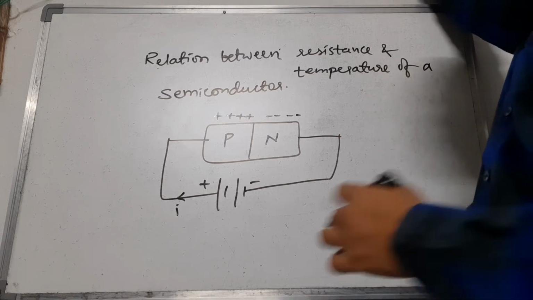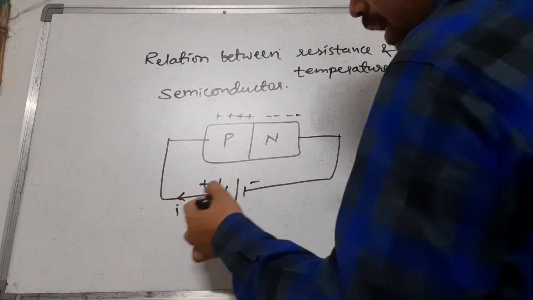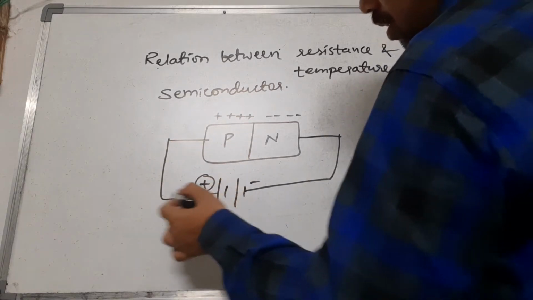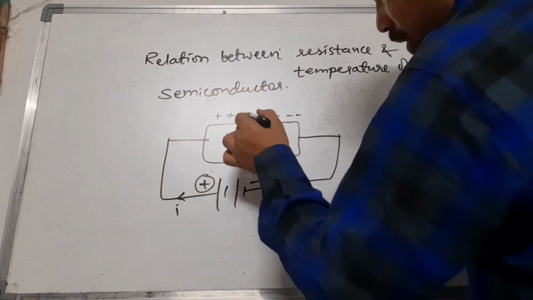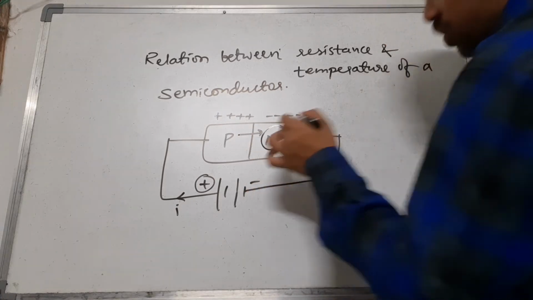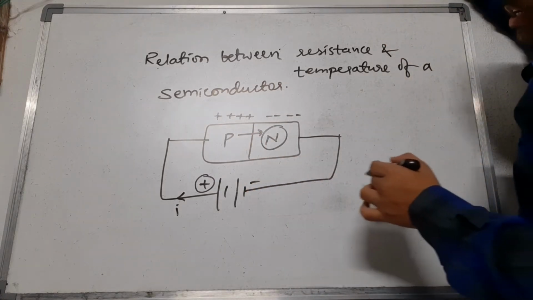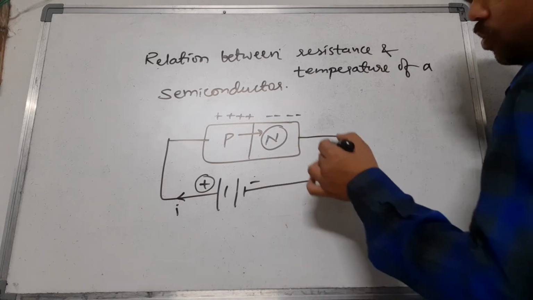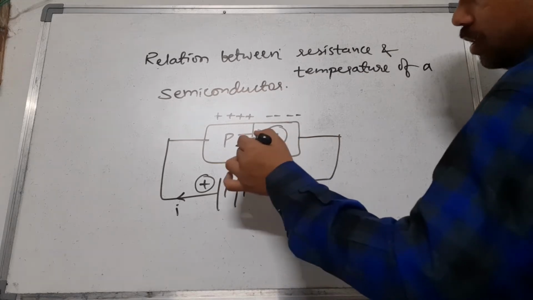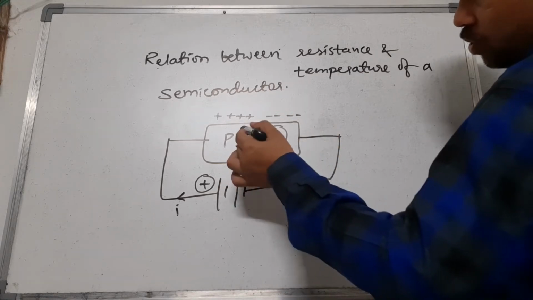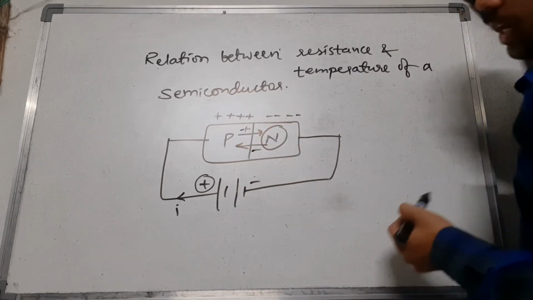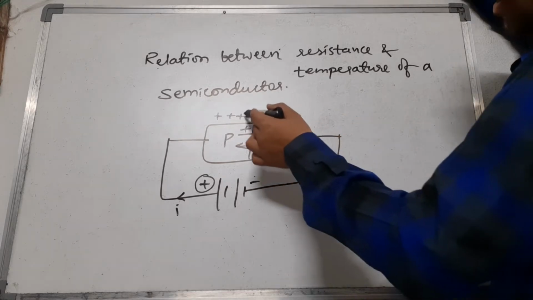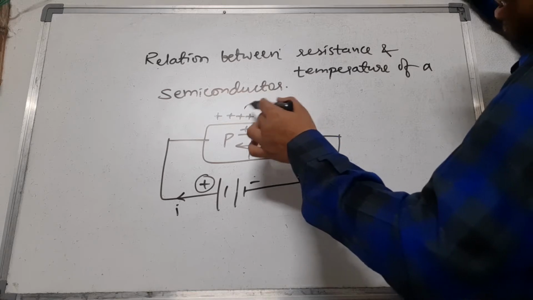The positive terminal will repel and force the positive charges toward the negative side, and the negative terminal will repel and force the negative charges toward the positive side. Ultimately there will be recombination of positive and negative charges.